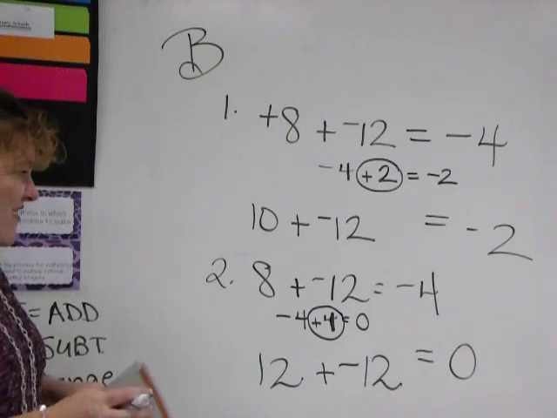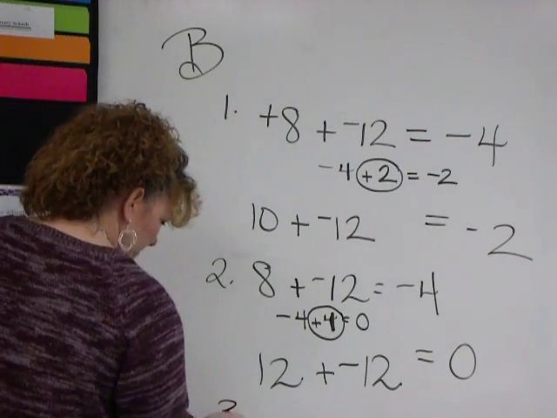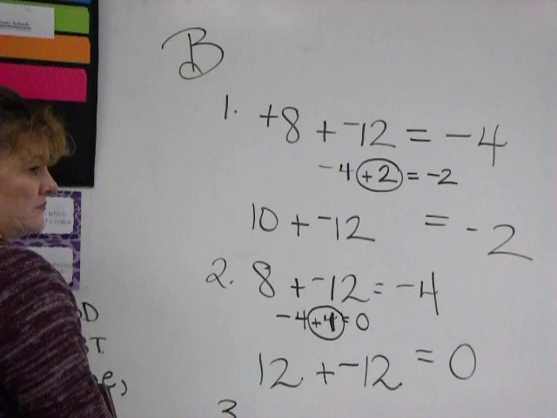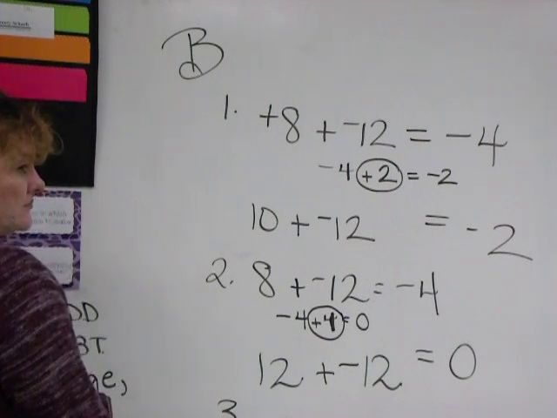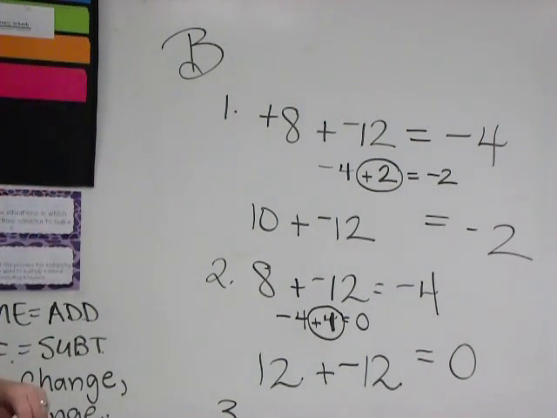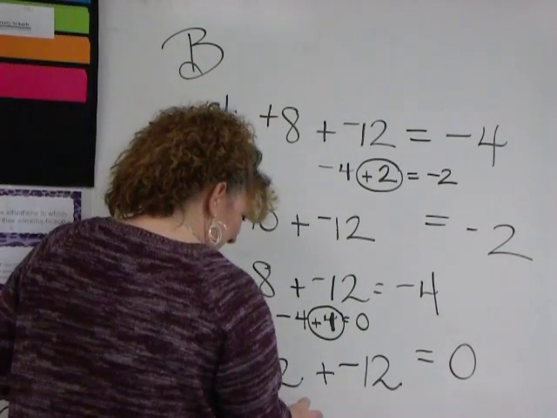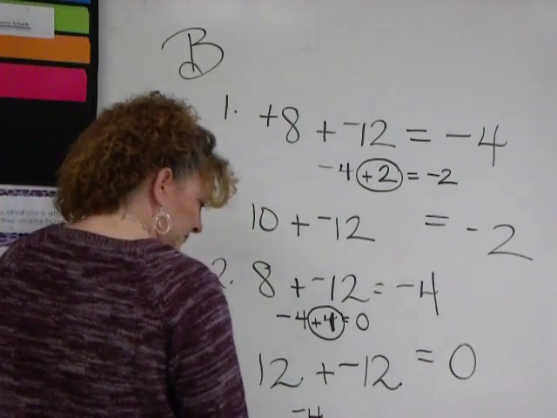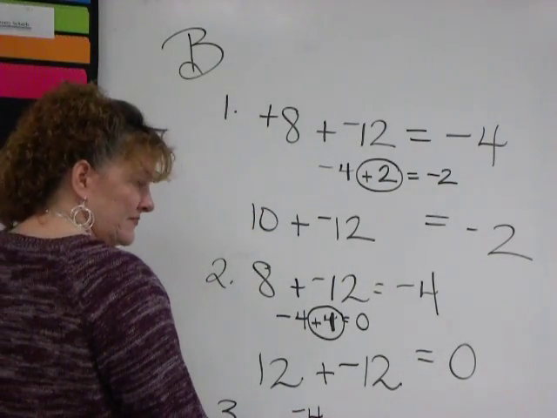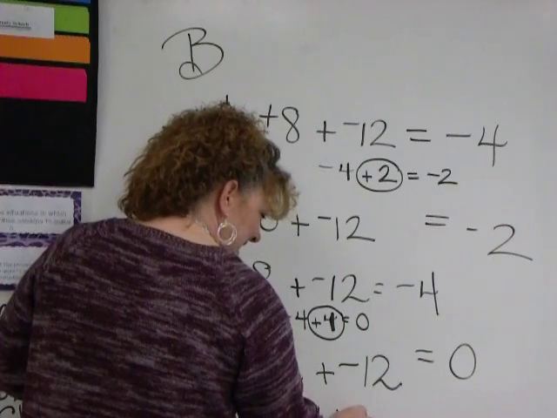Number 3 wants our answer to be -4. So what can I do to this board that's going to give me an answer of -4? If I already have a -4, we're not going to add anything.